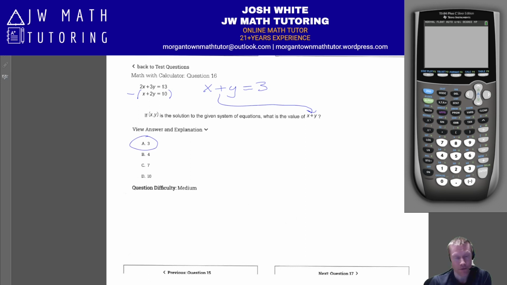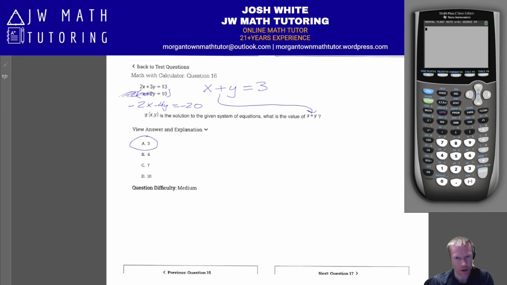Now, not everyone would recognize that, so if you didn't, that's fine. Here are the alternate ways to solve it. You could go ahead and do it by hand. I multiplied the bottom equation by negative 2, and that gave me negative 2x minus 4y equals negative 20.